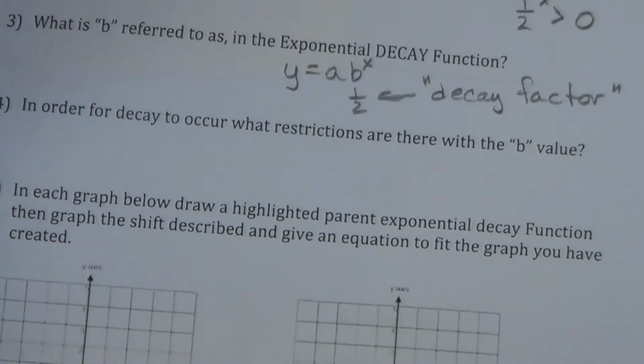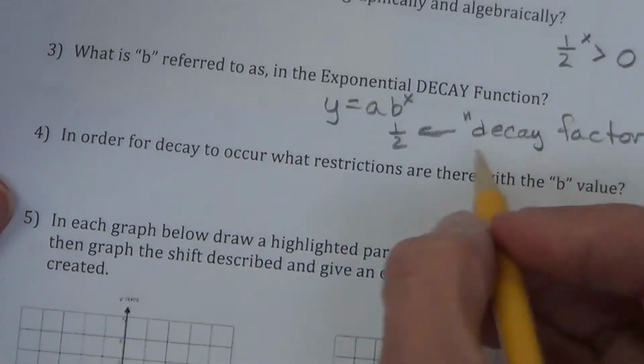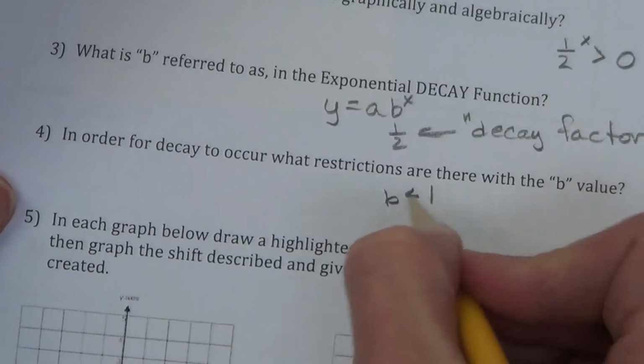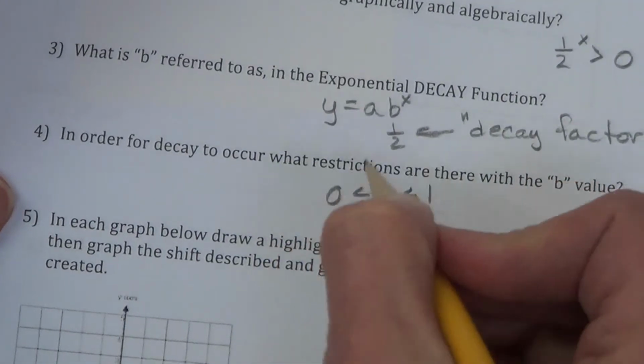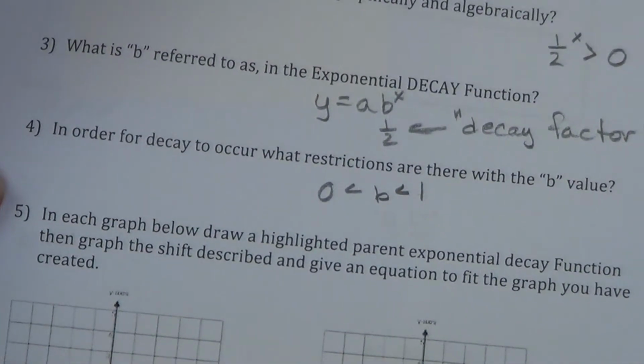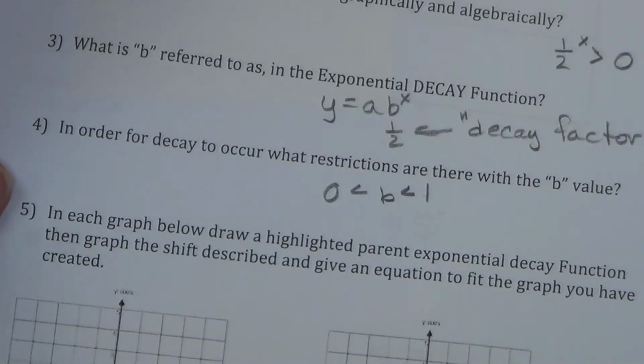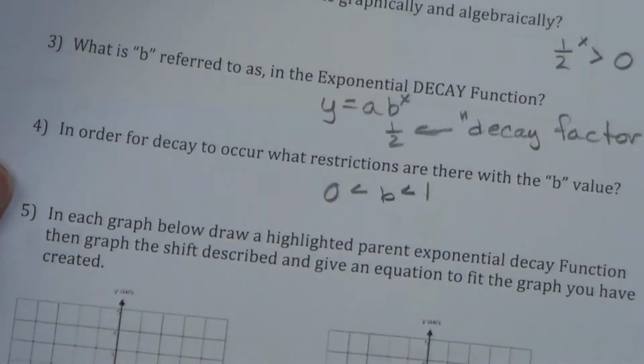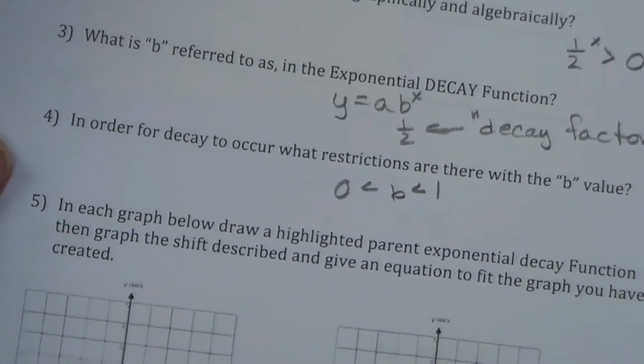In order for decay to occur, what restrictions are there on the b value? Well, it has to be less than 1 and greater than 0. Because if it's at 1, there won't be any growth or decay. And if it's greater than 1, there will only be growth.